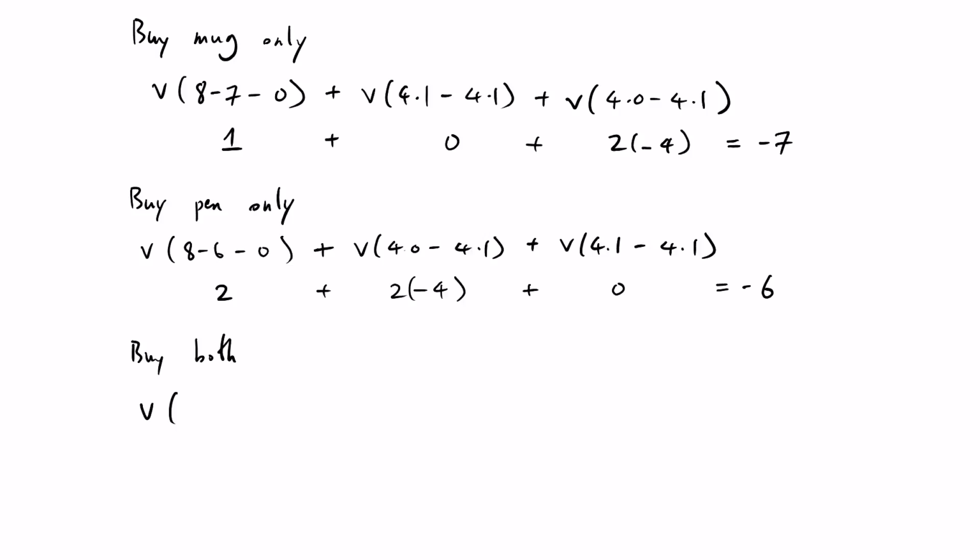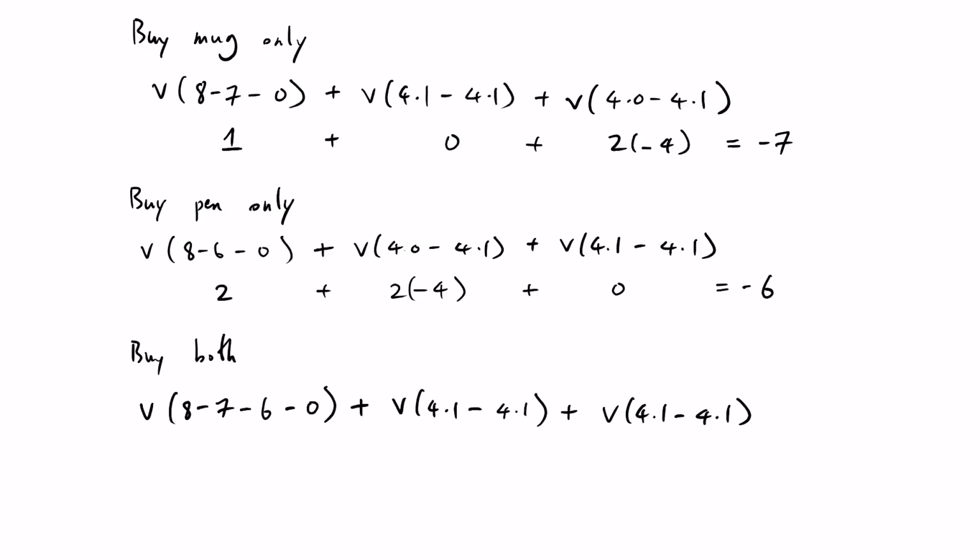So buying both is expensive. He has to spend $7 on the mug and $6 on the pen. And as you notice, that actually makes him in the red. He does get the mug he expected, and he does get the pen he expected. But unfortunately, he's losing money. He's spending more money than he expected.